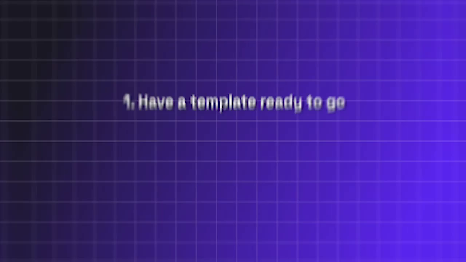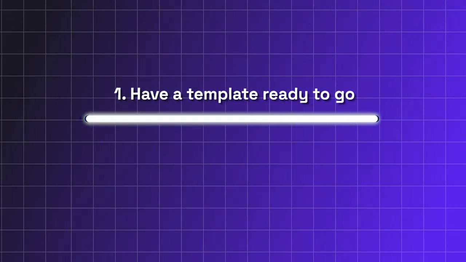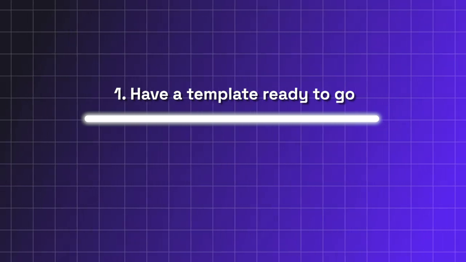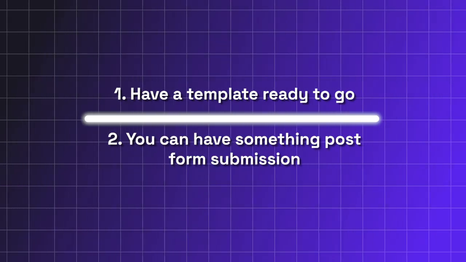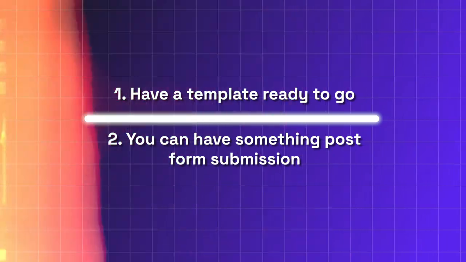If it's really important to you, or if it's sizable to you, then there's a couple things you can do. One is you can have a template ready to go and say, hey, we noticed an error. Did you mean to type this by any chance? Two is you can have something post-form submission, meaning I've asked for an email, I type in my email, and the message that gets displayed after I hit sign me up or give me the discount, or whatever the wording is on your pop-up form, says an email should land in your inbox in the next few minutes.